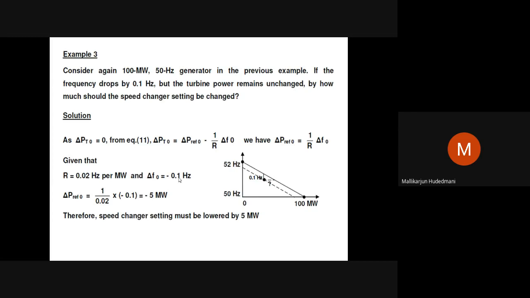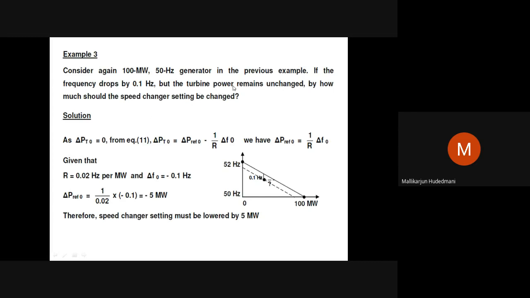By how much should the speed changer setting be changed? It means, just see the problem here. 100 megawatt 50 hertz generator as usual. The system is delivering a load and experienced a drop of 0.1 hertz. Now the turbine is not going to manipulate the requirement. Then what set point change should I do to correct this?